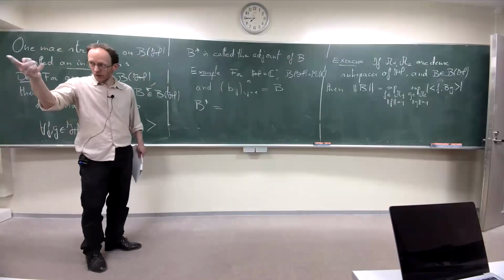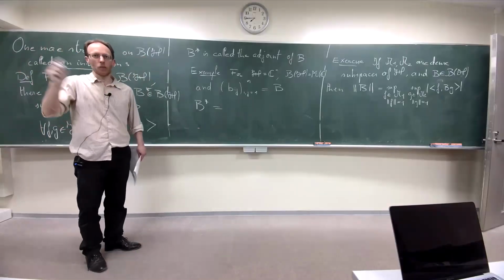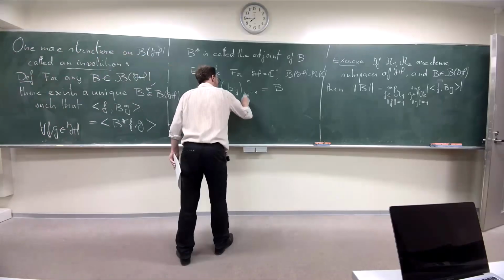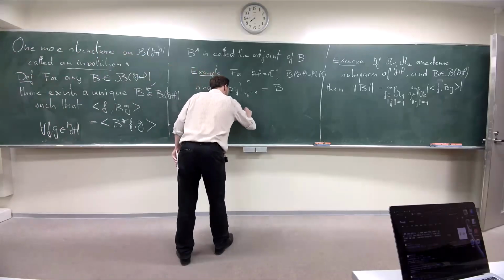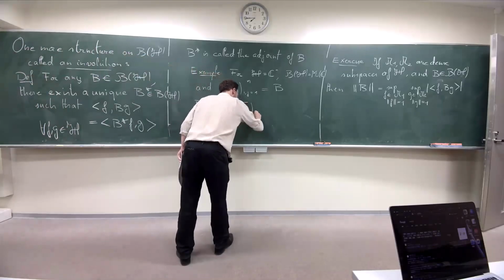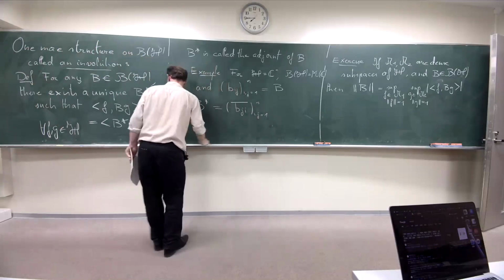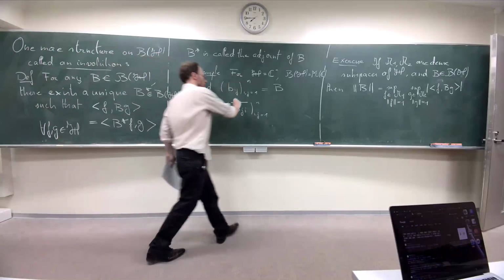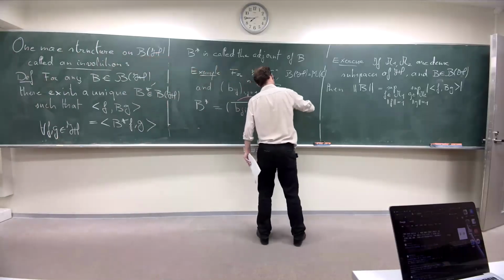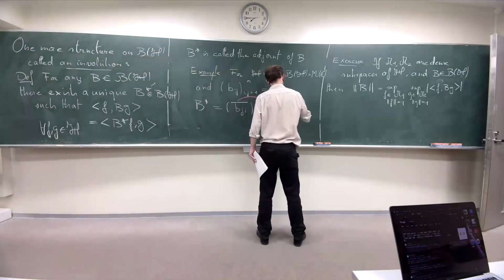You need to take the transpose, as you said, but also complex conjugation. So this is a collection of Bji with complex conjugation.